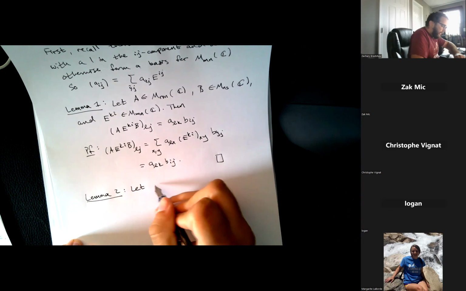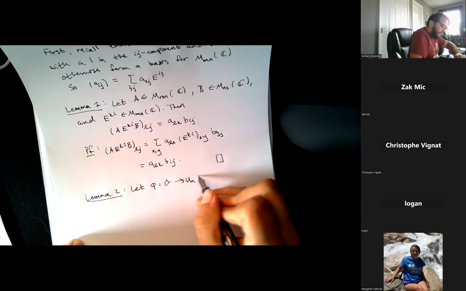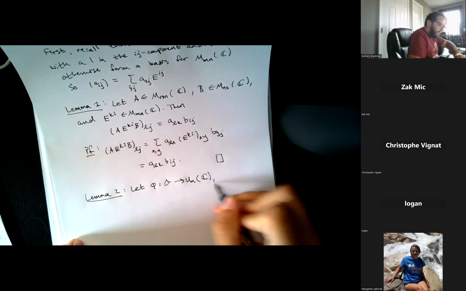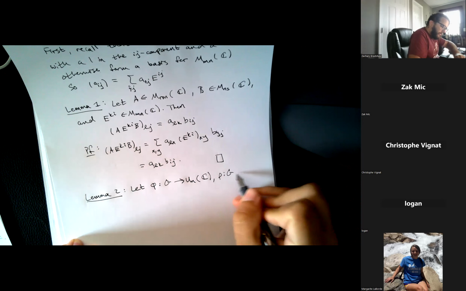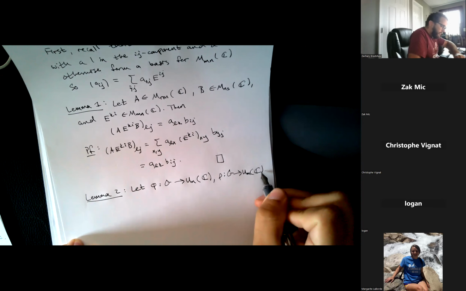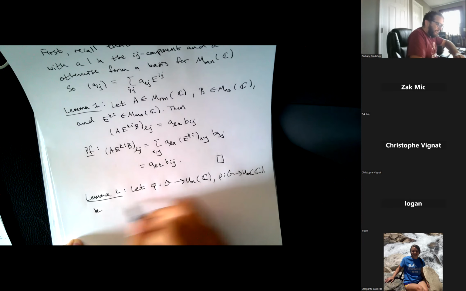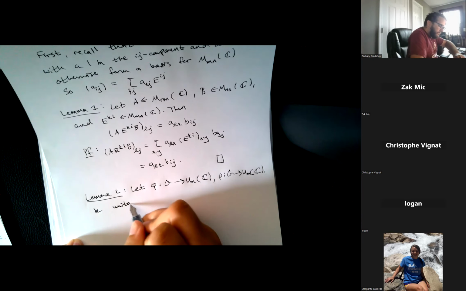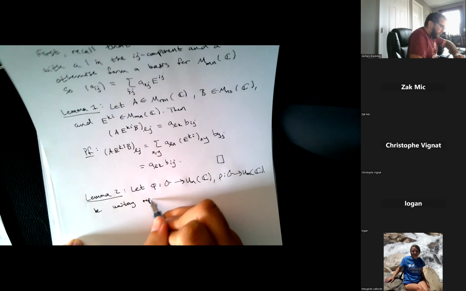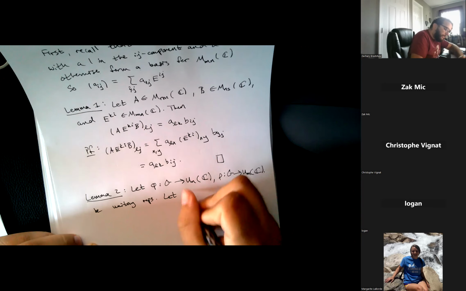So let phi be a unitary representation, and same for rho, possibly of a different degree. So let these be unitary reps. We're not assuming irreducibility here.